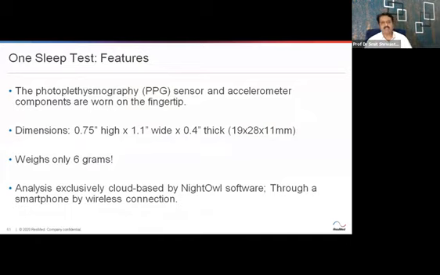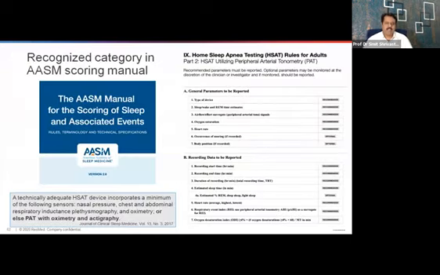Only a wireless connection is required with a smartphone, and the smartphone does all the recording through this. And it has been validated by the American Academy of Sleep Medicine, but I'll stress it again, that it is validated for screening and not as a full polysomnography test.